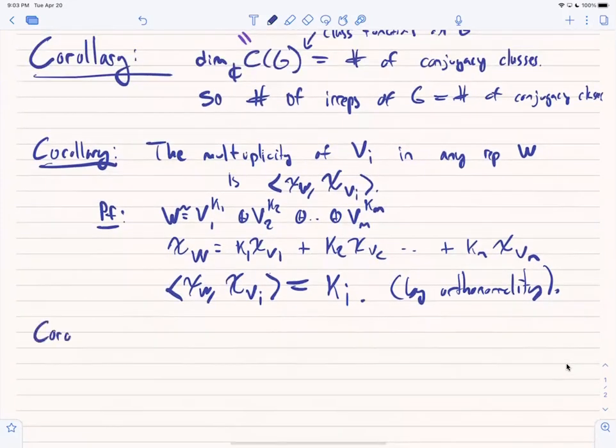Let me give another corollary based on this. It's fun, you can stack up a lot of things all at once. This is a very powerful result.